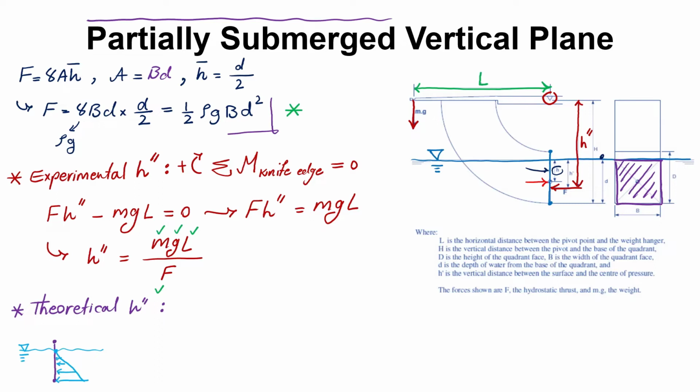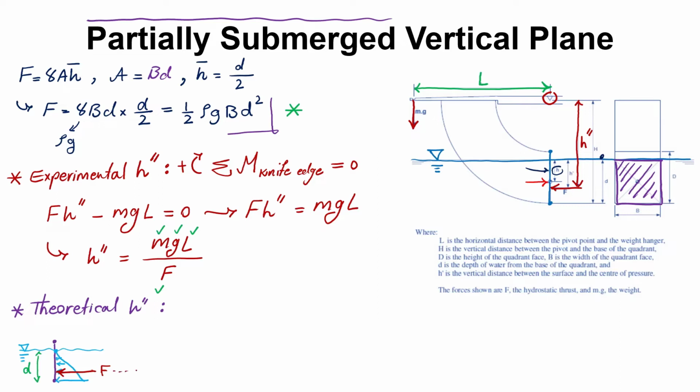Whenever you have a triangular hydrostatic distribution, and let's add all the distances that we know, this is going to be d, and the force is going to be acting in this direction. So this is going to be force somewhere over here. Whenever you have a triangular hydrostatic distribution, we can easily find the location that the force is going to be applied to or acting on.